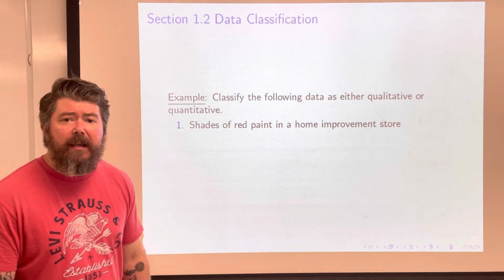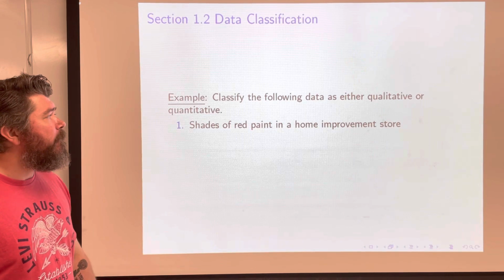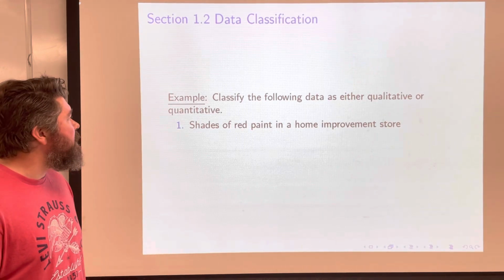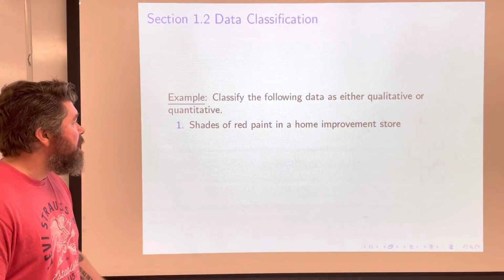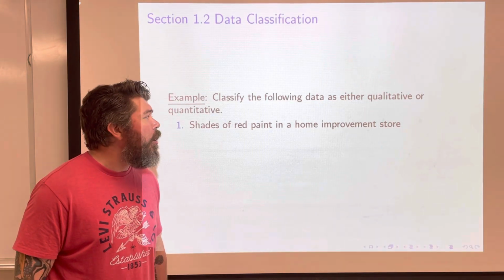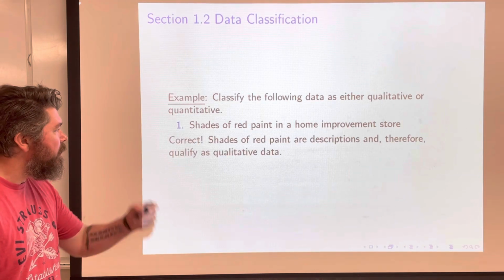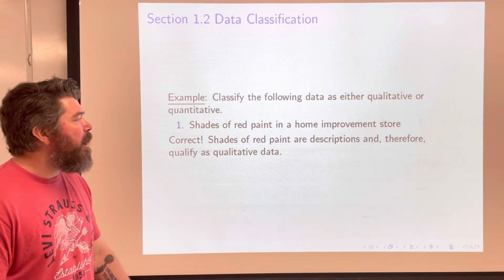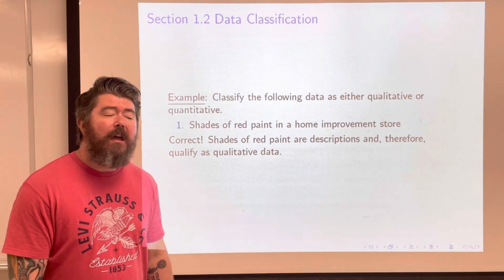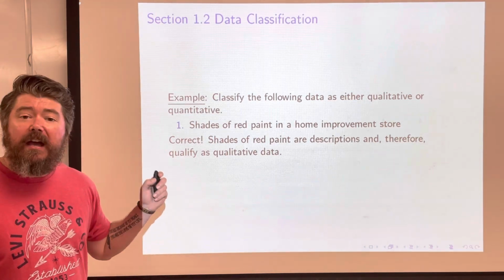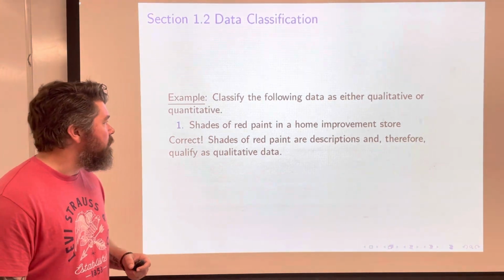Let's look at some examples. Classify the following data as either qualitative or quantitative. Shades of red paint in a home improvement store. Let's think about it. Correct. Shades of red paint are descriptions and therefore qualify as qualitative data.